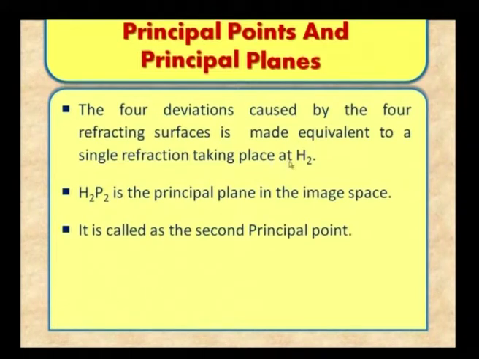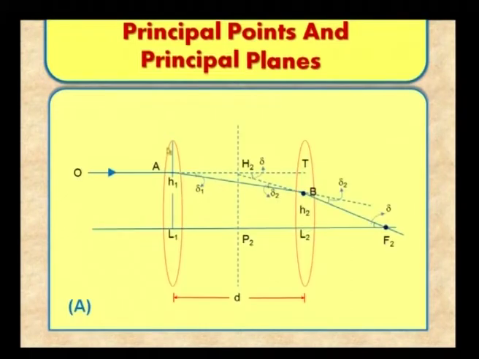And H2 P2 is the so called principal plane in the image space. It is called the second principal point, closer to the image, whereas the first principal point will be somewhere here. I will show in the pictures to come where you will have the first principal point.